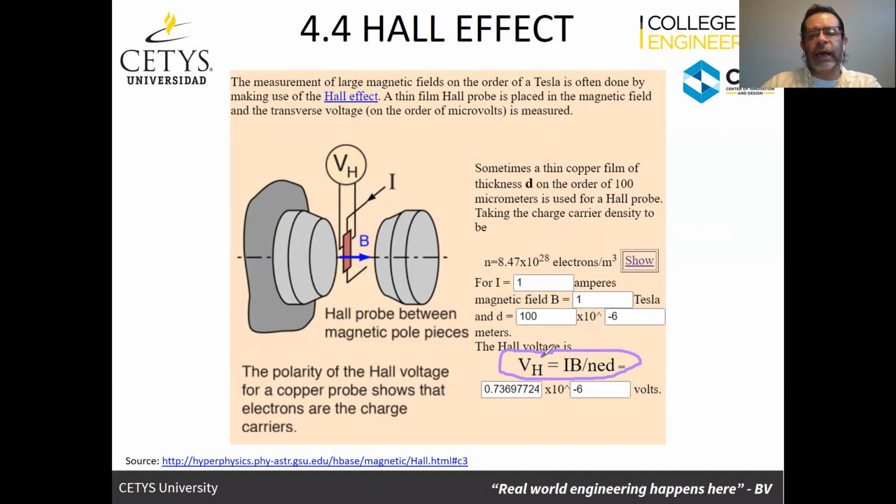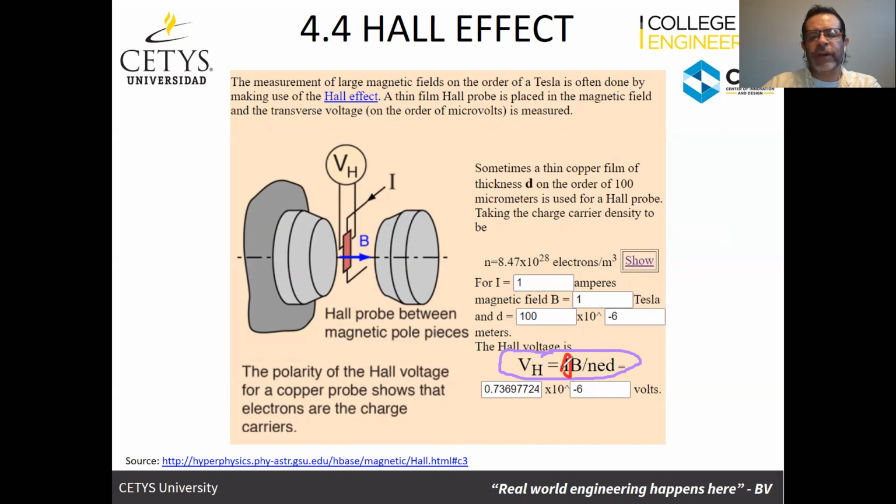So if I have the current fixed, and I also have the material fixed, but I can make the magnetic field change, then the Hall voltage is going to change.